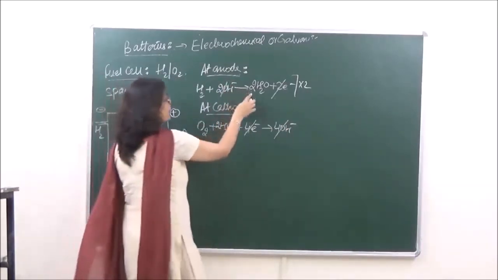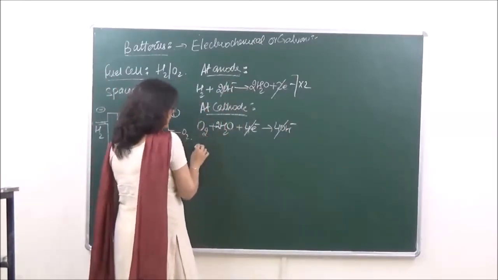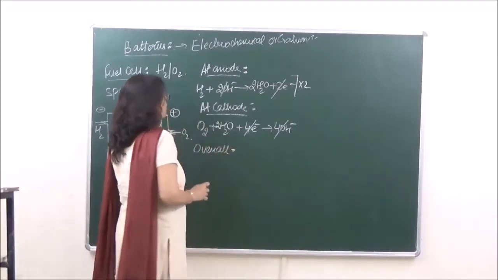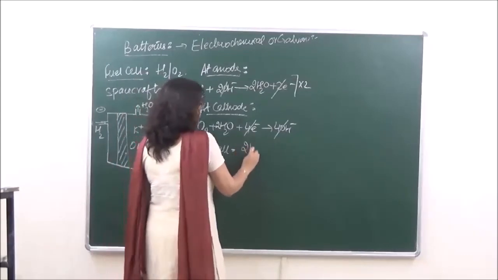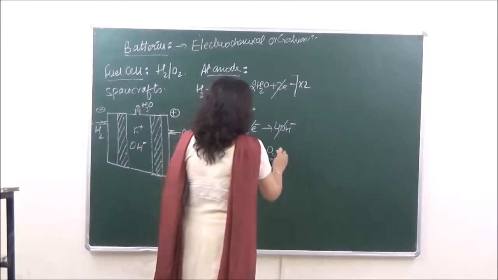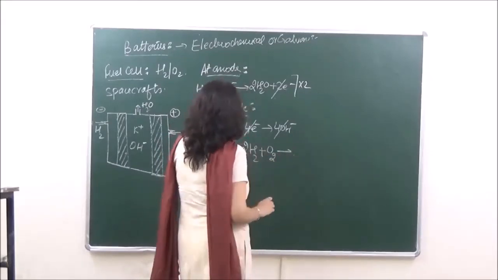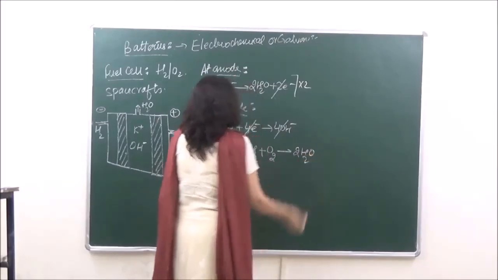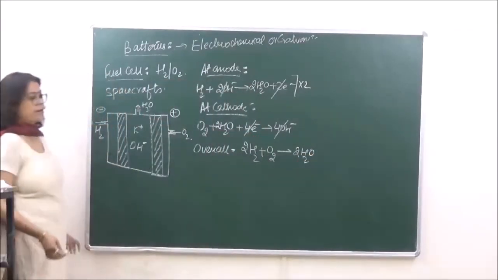Over here it is 4H2O. So the overall reaction would be 2H2 plus O2 to give us 2H2O. This is the overall reaction.